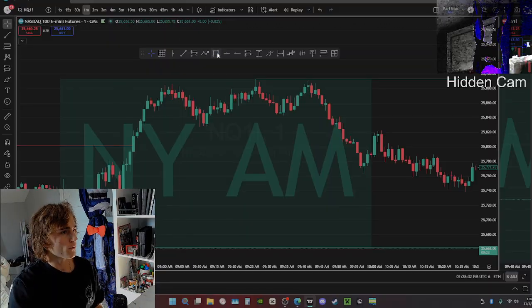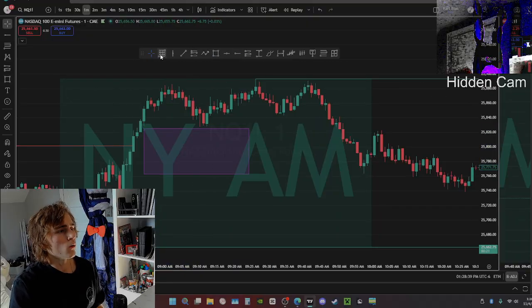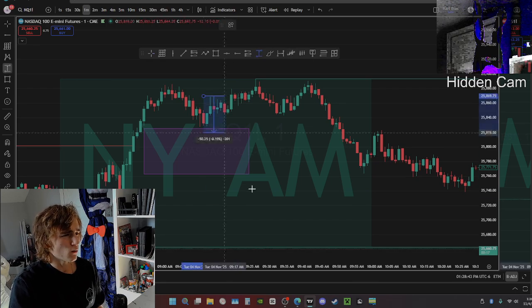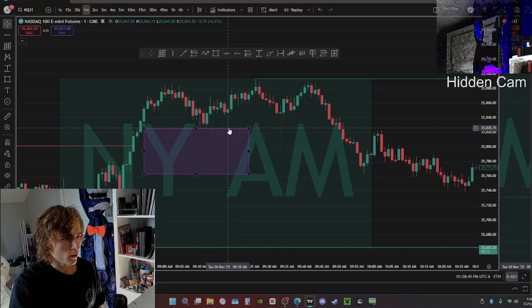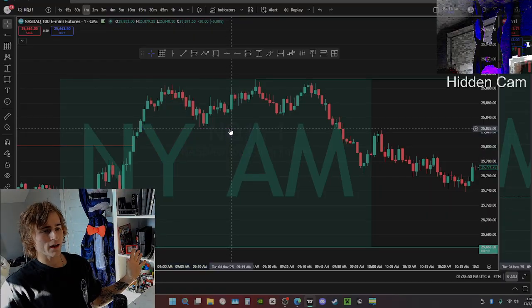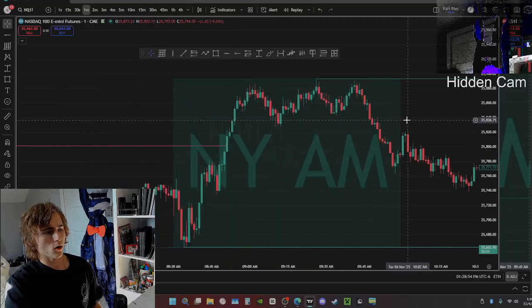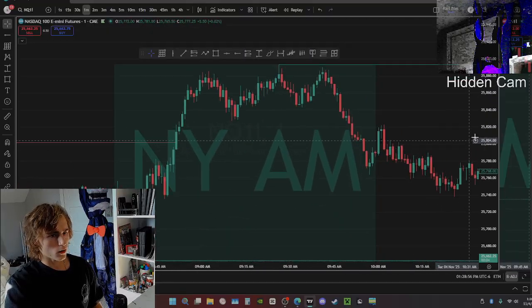Obviously, if you have a box open, you'd want it to be a different color than equilibrium, or a different color than some of your other tools. So that's all you. But yeah, obviously copy what I have right now. Eventually you'll change it up to more of your own chart.